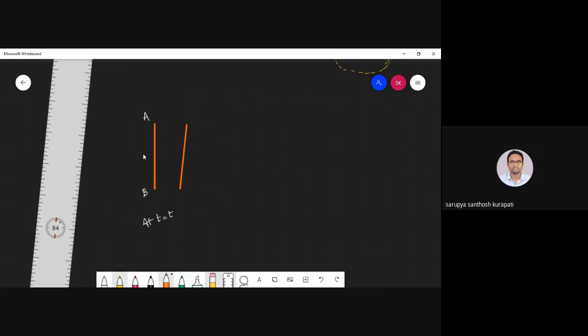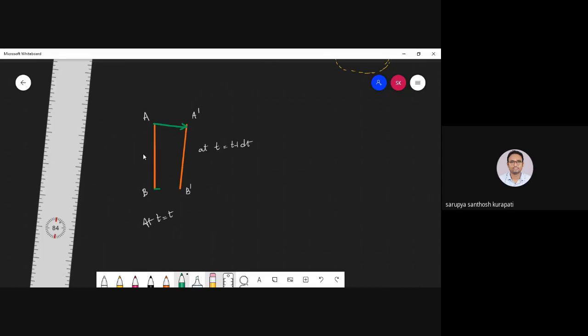So this is my position A dash, and this is B dash, at time t is equal to t plus dt. Okay. So now what I'm going to do is join these two points. I'll join A to A dash and B to B dash.